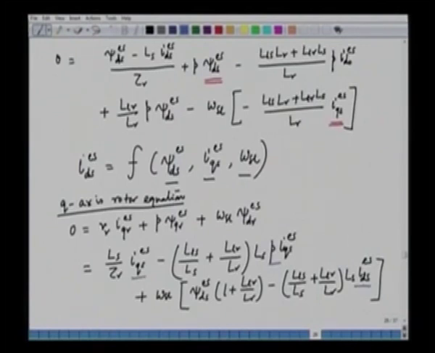So after simplification we can get the expression for omega SL, and we can evaluate omega SL from this equation. This omega SL can then be used to compute the speed of the stator flux vector, which will be used for transforming IDS and IQS into IA, IB and IC.